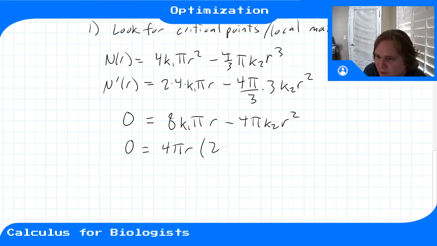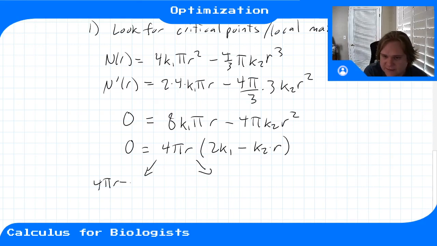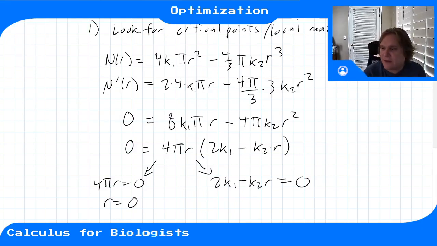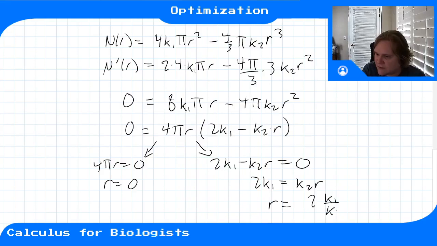I'm left with 0 equals 4 pi r times (2 k1 minus k2 r). This splits into two cases: 4 pi r equals 0, and 2 k1 minus k2 r equals 0. The first gives us r equals 0 as a critical point, and the second gives 2 k1 equals k2 r, so r is equal to 2 k1 over k2.